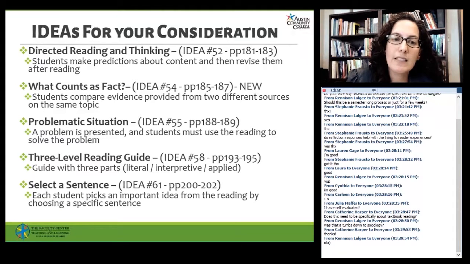Next, what counts as fact? I've been thinking about this a lot because of the election cycle, and information comes to us and people believe stuff is fact when it may just be an opinion.